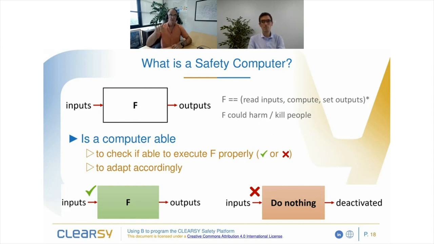So it's a checkbox or the red cross, and it adapts accordingly. Accordingly means that if it's fit, just execute F, consume inputs and provide outputs, and if it's not fit, just do nothing and deactivate the outputs.